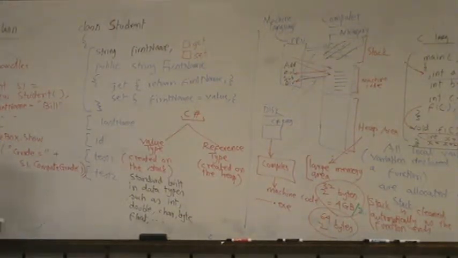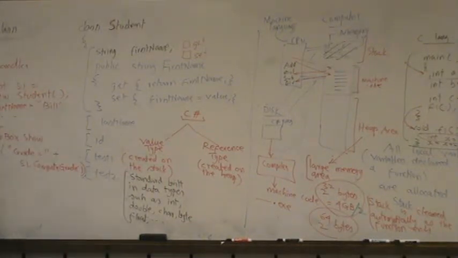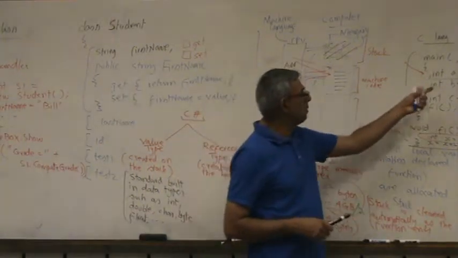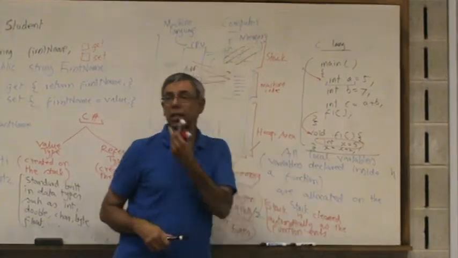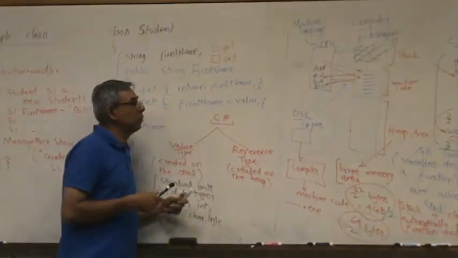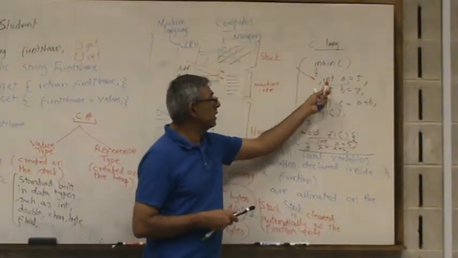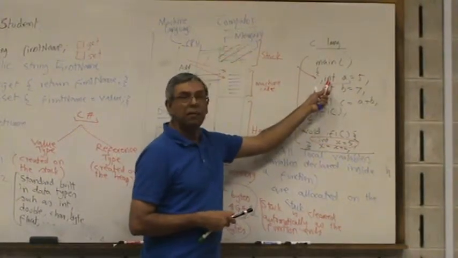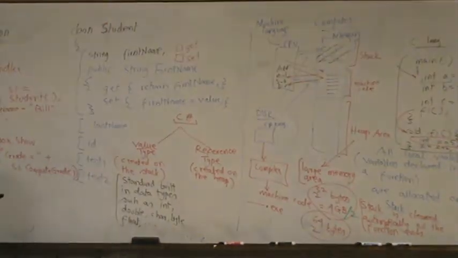These will always be created on the stack, right? So for example, if I declare a variable int a equal to 5, where will it be created? On the stack. Two reasons. One, it's a local variable. Second reason, it's a value type. Value types always get created on the stack.